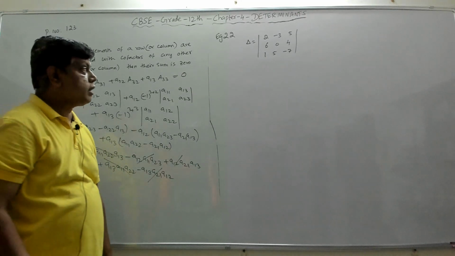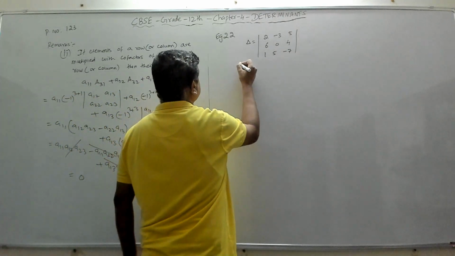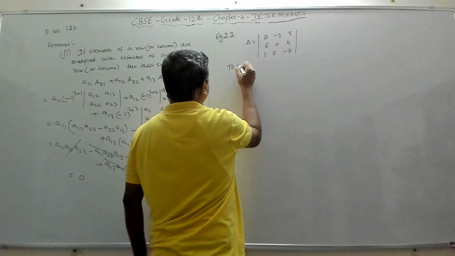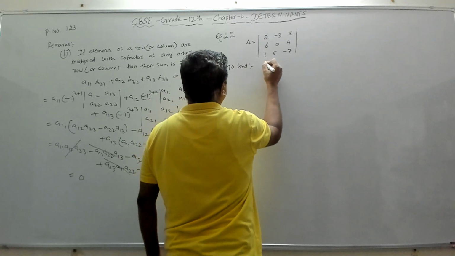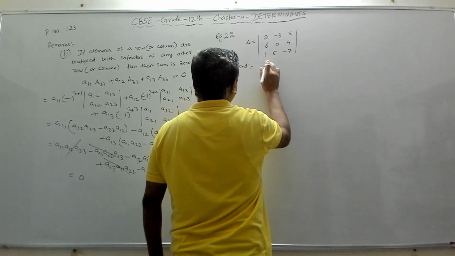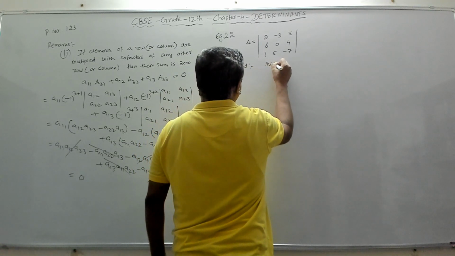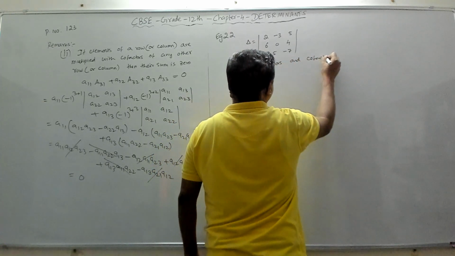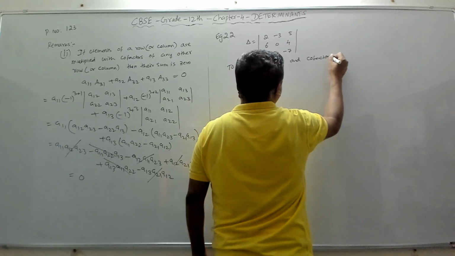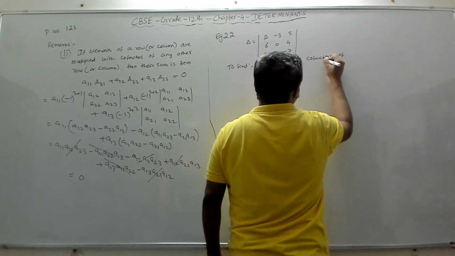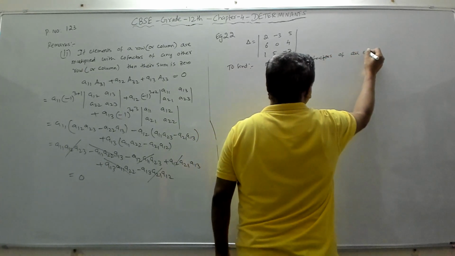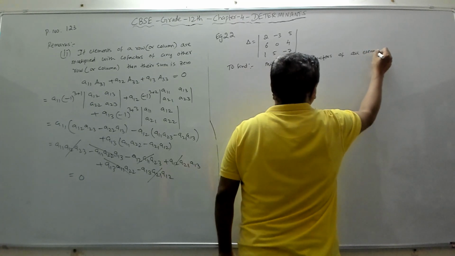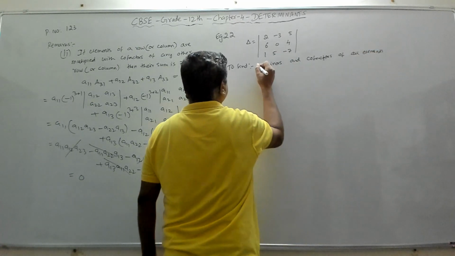Also we should verify. So the first thing is to find the minors and cofactors of all elements. That is the first part.